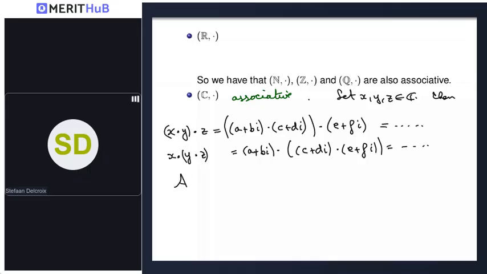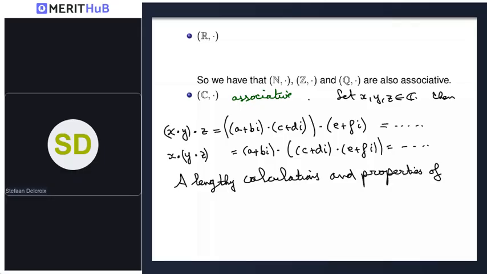A lengthy calculation and properties of the real numbers show that they are the same. That (x times y) times z is indeed x times (y times z).